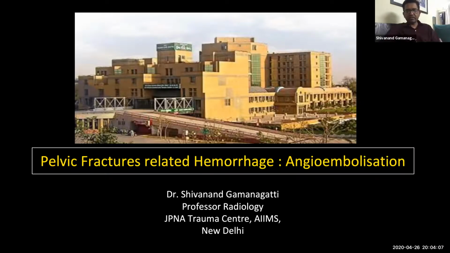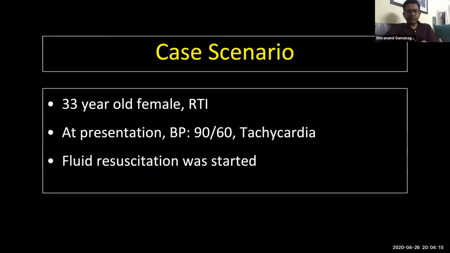Our role comes in a very particular setup. I will show you one case scenario and later show some examples. This is a 33-year-old female who had a road traffic injury and presented to our ED. Her BP was 90/60 and she was tachycardic, and based upon the ATLS criteria, her fluid resuscitation was started.